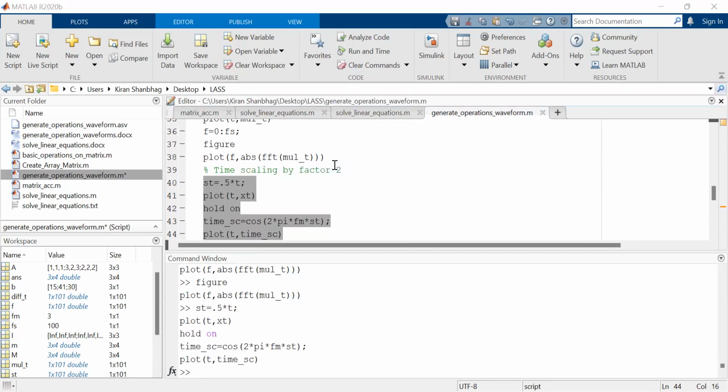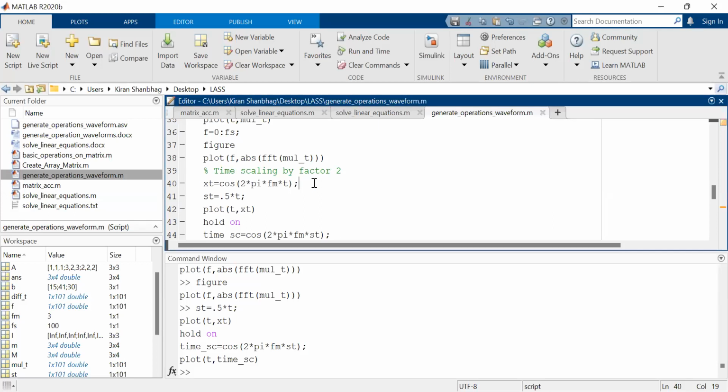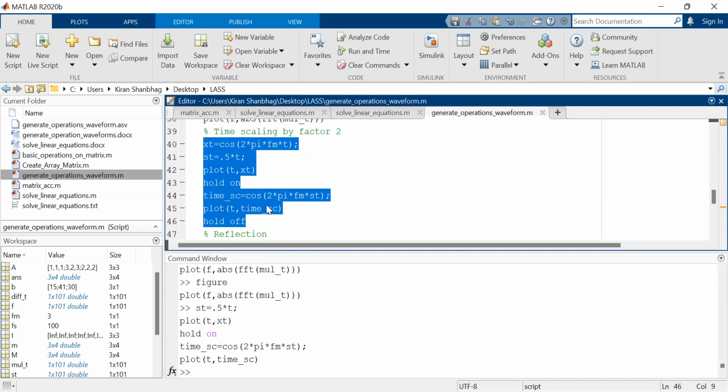Let us see. Here is the signal xt, then time t. I am multiplying by 0.5. t was defined earlier. Now let us try plotting them one above the other.